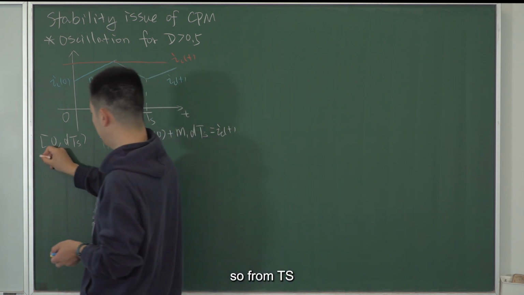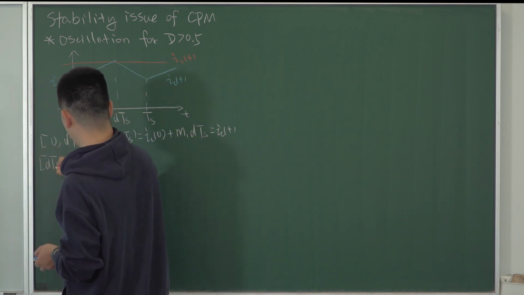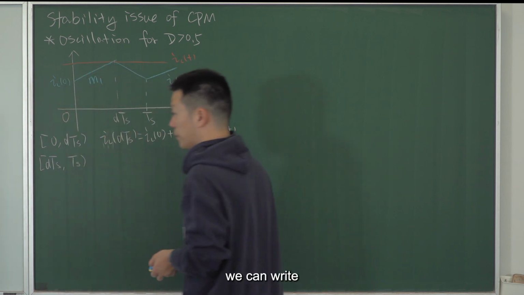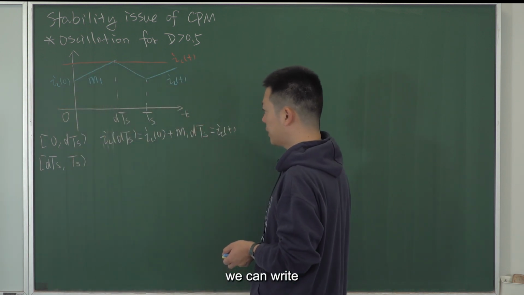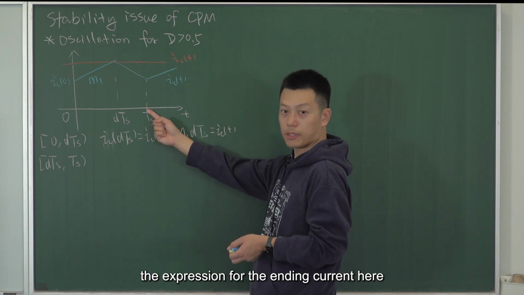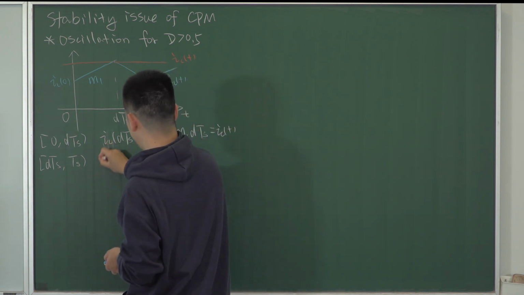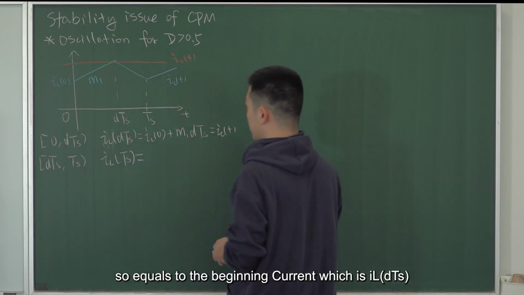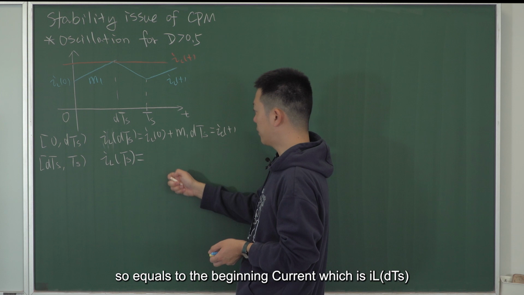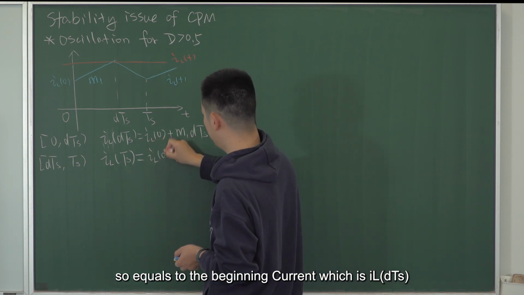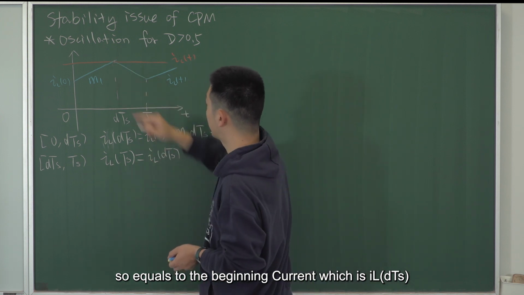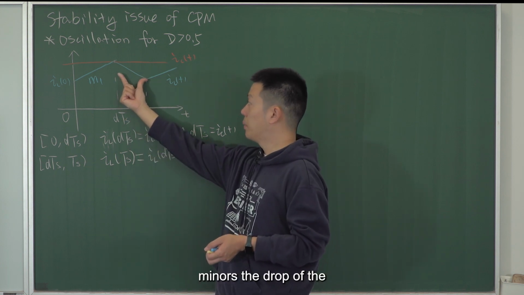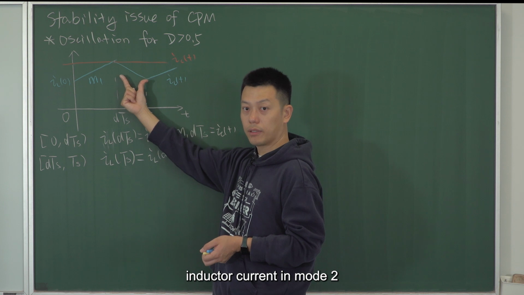From DTS to TS, we can write the expression for the ending current here. It equals the beginning current, which is IL(DTS), minus the drop of the inductor current in mode 2.